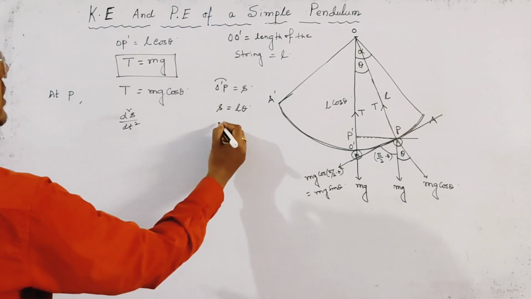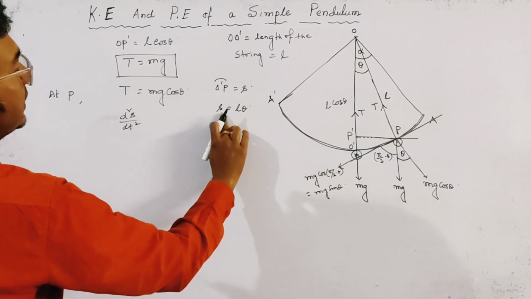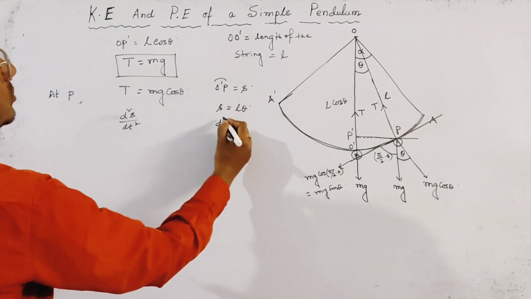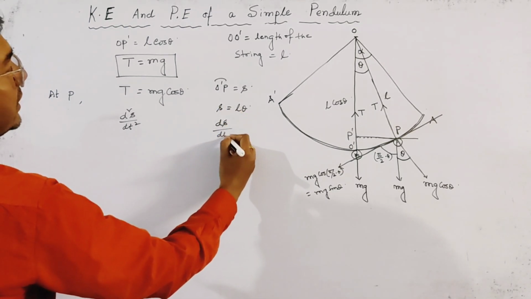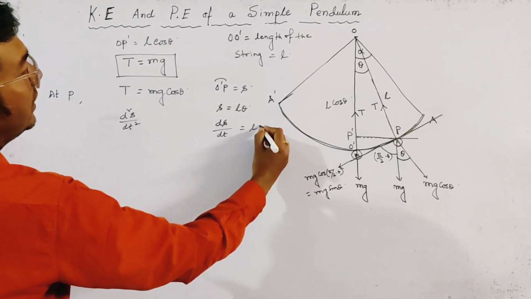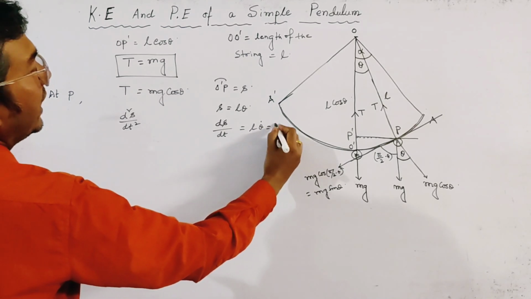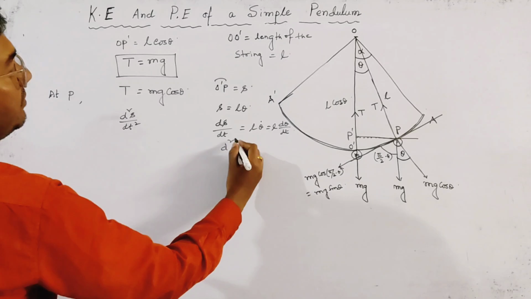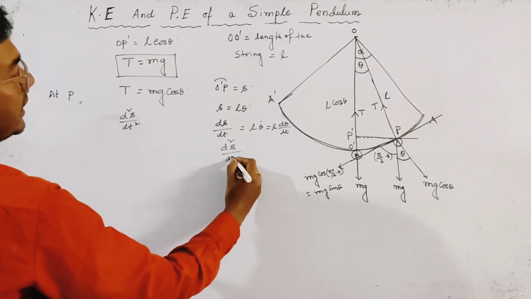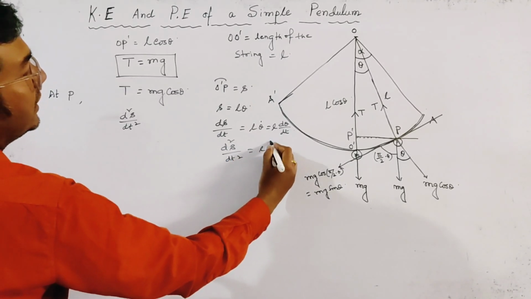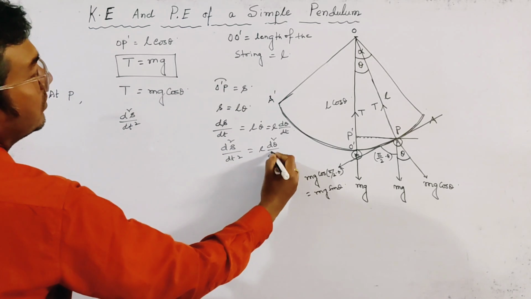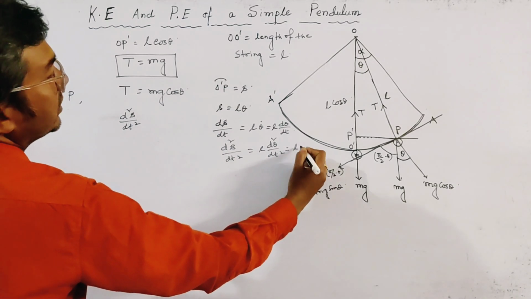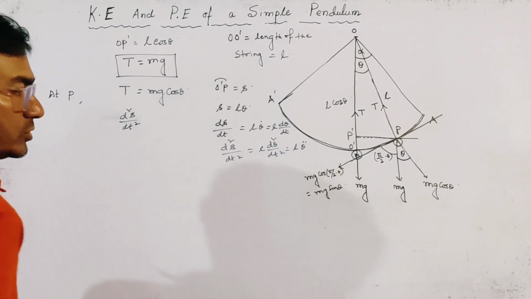Differentiating with respect to t, ds by dt is equal to L theta dot, where theta dot is d theta by dt, and the second derivative d2s by dt2 is L d2 theta by dt2, or L theta double dot.